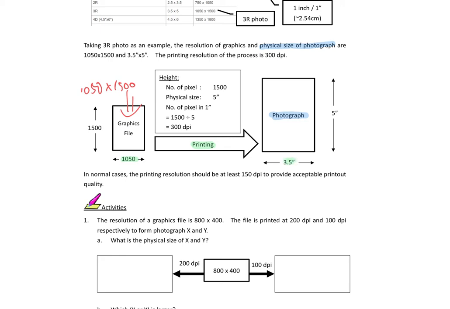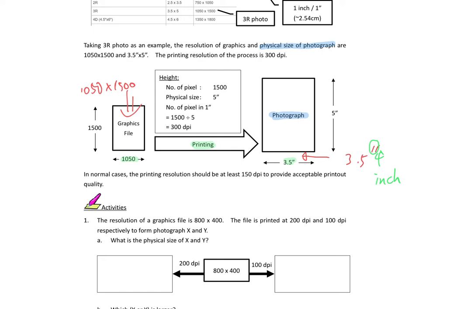The double dash means inch, the same as inch. So within the 3.5 inch there are 1050 dots.